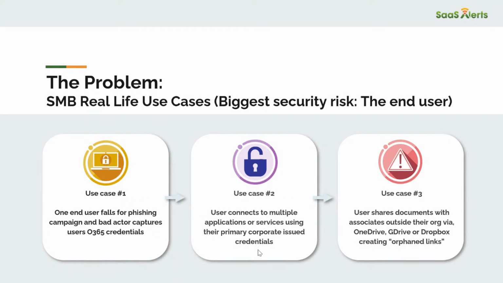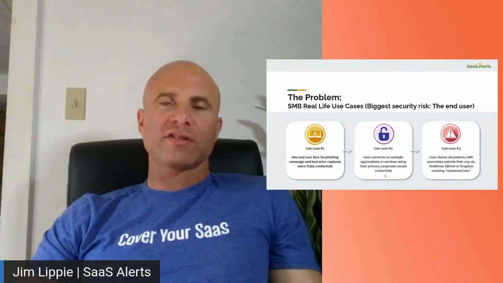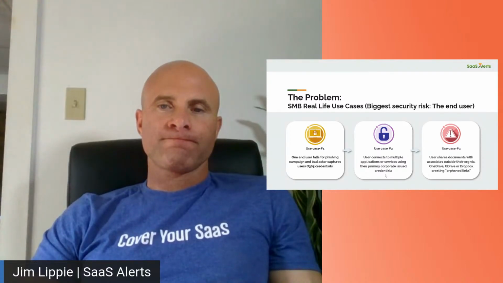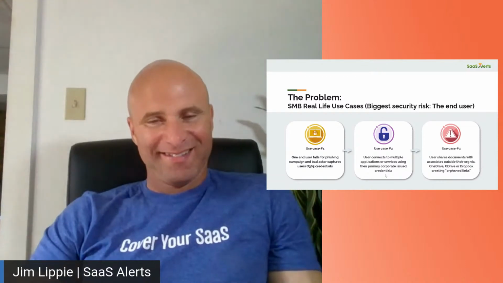So, some really specific use cases that we see, Steve. Use case number one, and we see this every single day in our customer base or partner base, with MSPs and their end user customers: an end user customer falls victim to a phishing campaign, and now a bad actor has legit credentials to their 365 instance. Well, that would never happen to any of us.